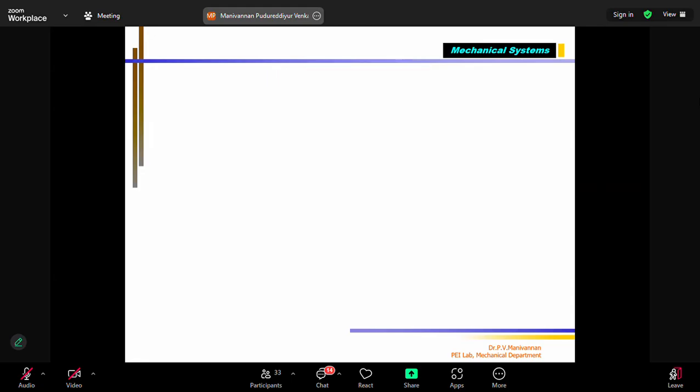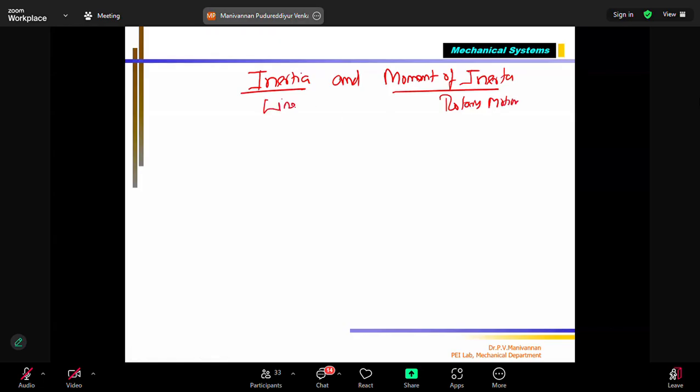Now, when we talk about the mass element, as I told you, we will talk about inertia in linear motion, and moment of inertia in case of rotary motion of the object. This is for rotary motion, if the object is moving under rotary motion, and this is under linear or straight line motion.